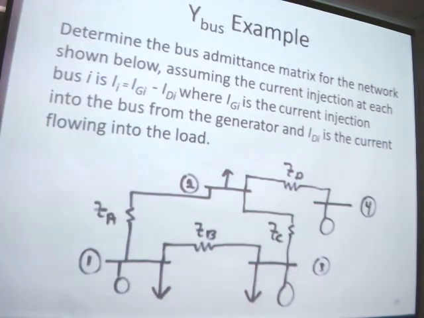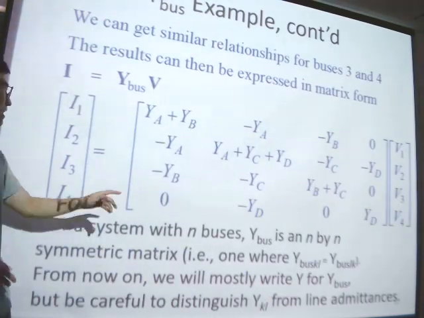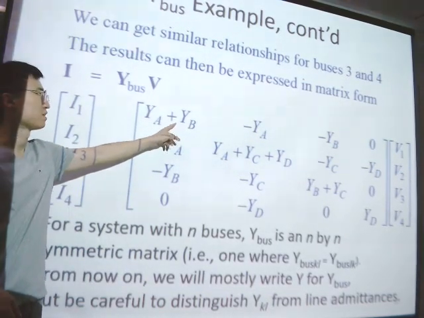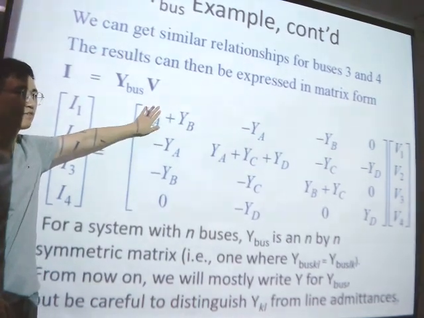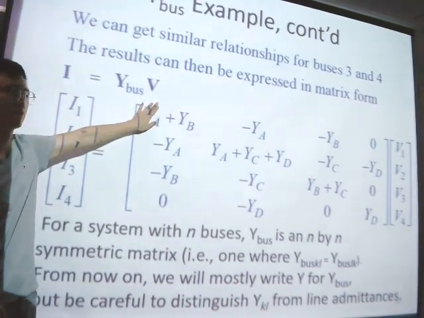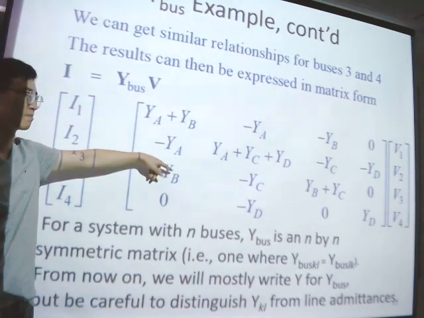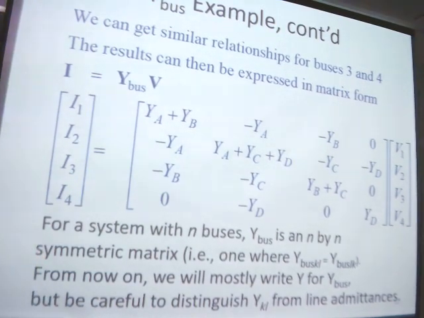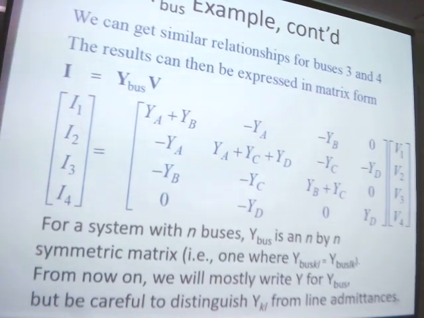So make sure that everything here, except for the serve admittance of the bus, every other part, the admittance will be 0 as long as there is no direct connection.